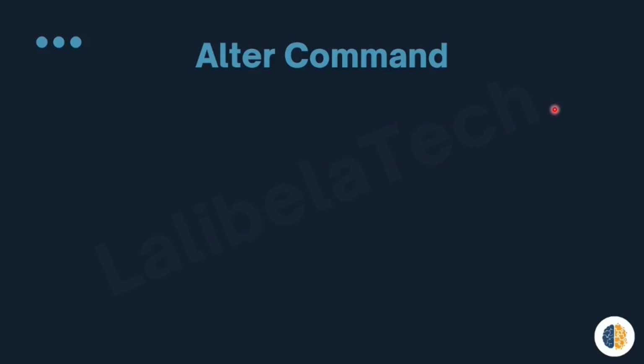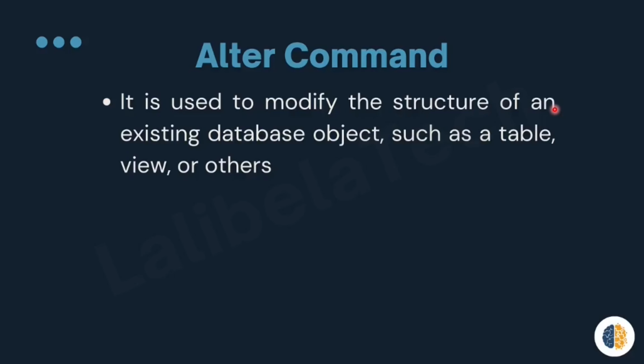Next, we're going to discuss about the alter command. The alter command is used to modify the structure of an existing database object, which can include a table, view, package, index, or others.